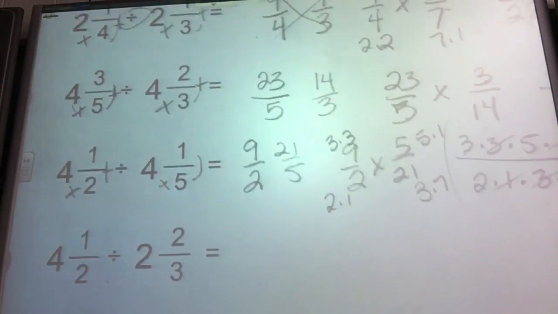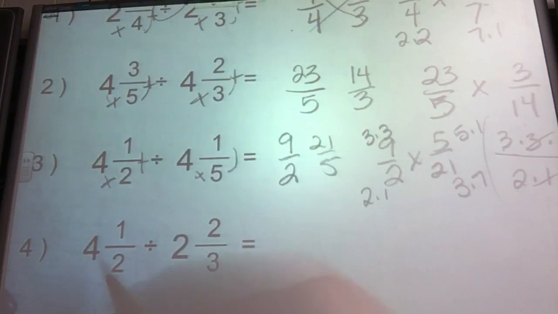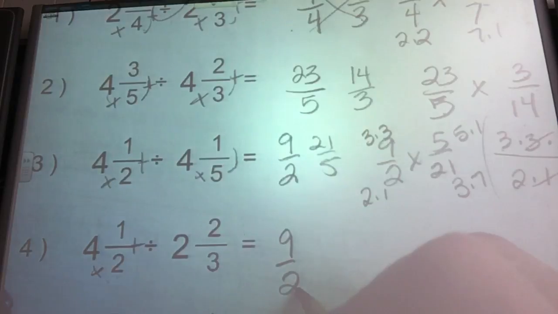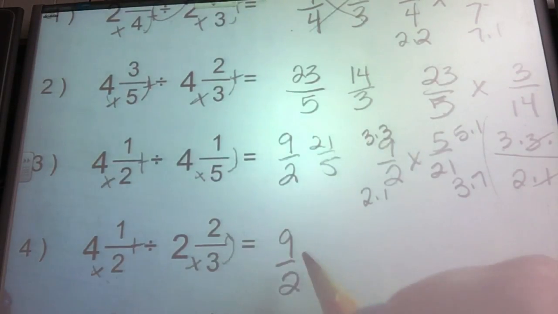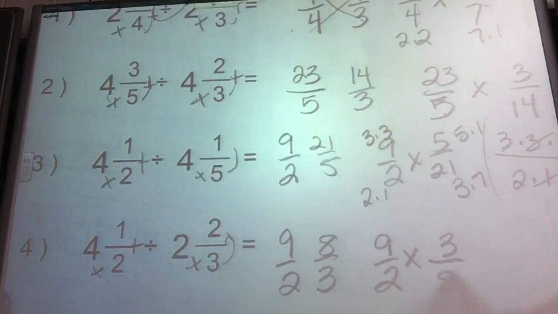All right, number 4. 4 times 2 is 8, plus 1 is 9/2 again. 2 times 3 is 6, plus 2 is 8/3. Keep it, change it, flip it, write the reciprocal.